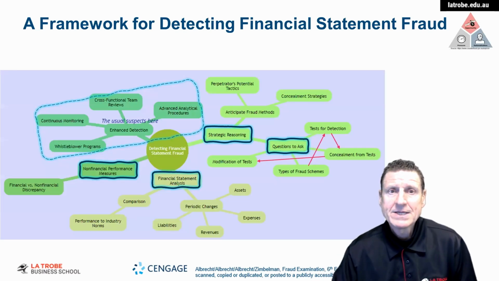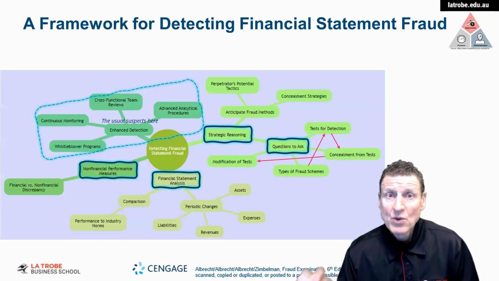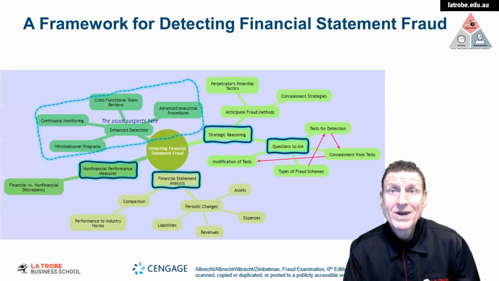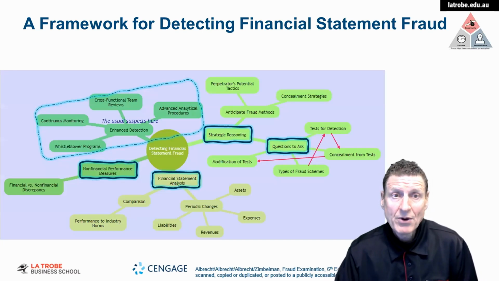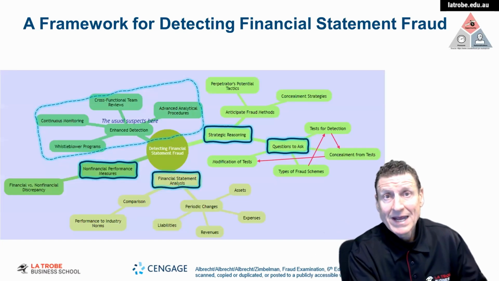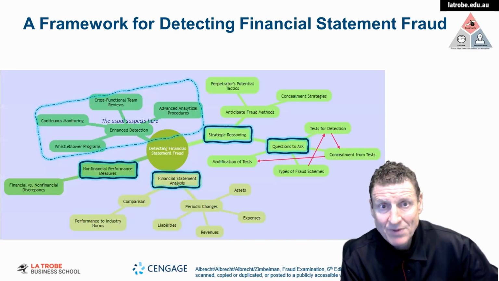The second thing is there are these usual suspects here of enhanced detection techniques, which we have talked about a little bit under fraud prevention, a whistleblower program. You've got fraud detection, continuous monitoring, advanced analytical procedures, and cross-functional team reviews, which again is under fraud detection. These are usual suspects that we have covered in earlier chapters in the textbook.